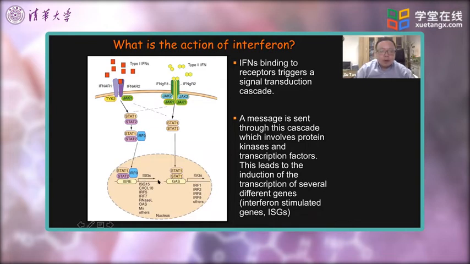Eventually, a cohort of so-called ISGs, interferon-stimulated genes, are expressed from activated cells. And as I just mentioned, there are hundreds of genes now characterized as interferon-stimulated genes. As you can imagine, this is an army of defense against different viruses, and that really changes the cell state into an antiviral state.